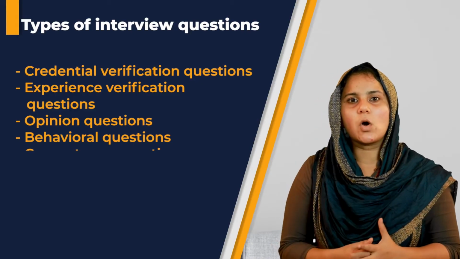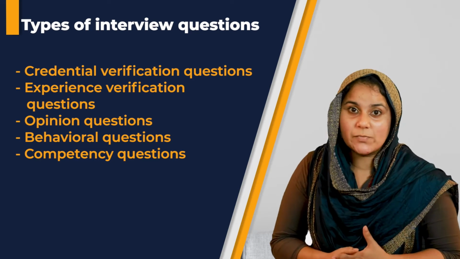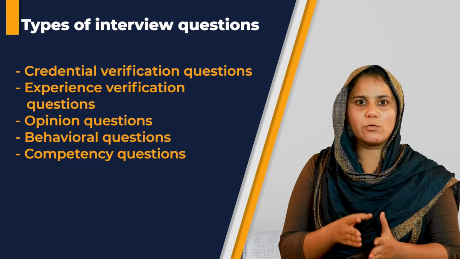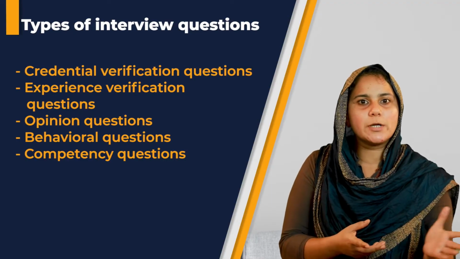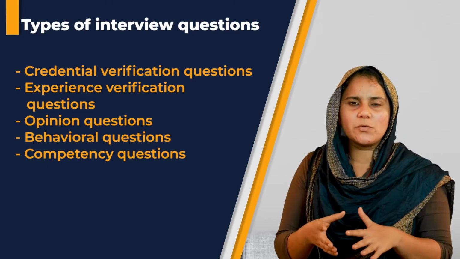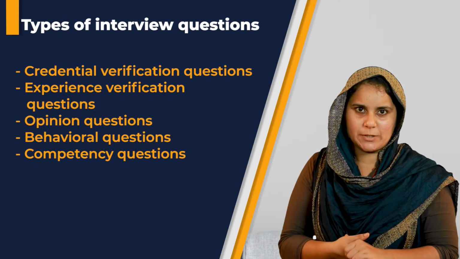The next one is competency questions. This type of question includes, can you give me a specific example of your leadership skill, or explain a way in which you sought a creative solution to a present or recent problem you needed to solve. The purpose is to align your past behaviors with specific competencies which are required for the position.